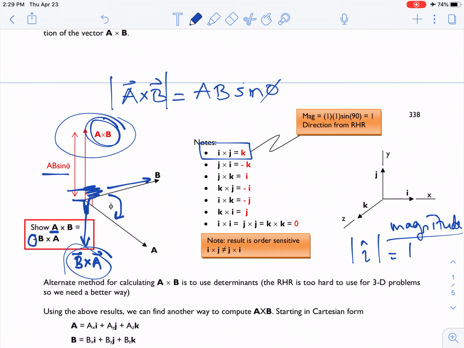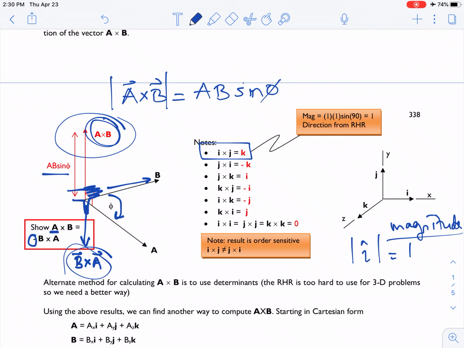The first vector in i cross j is i. So I'm going to put my four fingers along i, and I'm going to make sure that I will be able to curl my fingers towards j. I have to really put my hand perpendicular to the XY plane. My four fingers are pointing towards i hat, and my thumb is pointing along the Z direction.